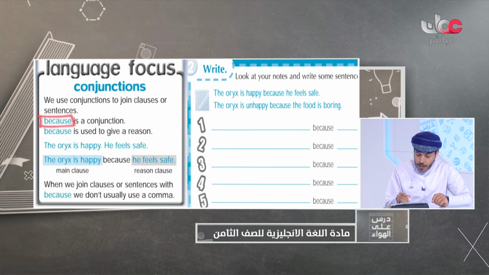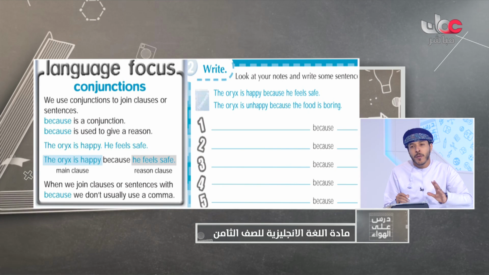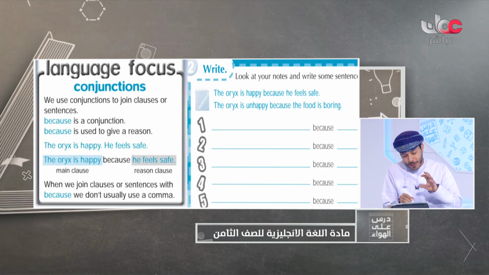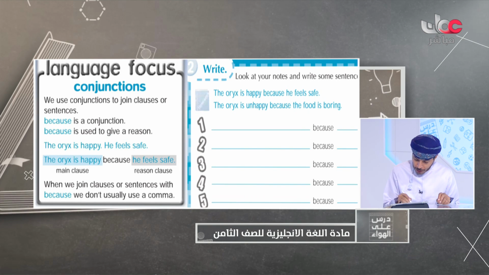So because is a conjunction. It is called a conjunction, like but, before, after, and all these are conjunctions. Because is used to give a reason. So when we have a reason, we use because.